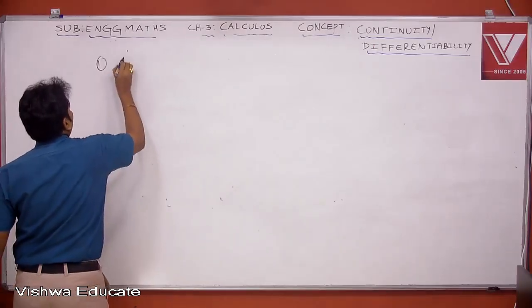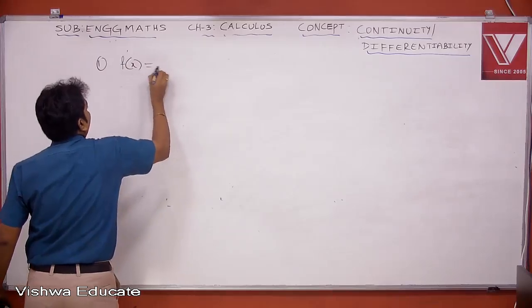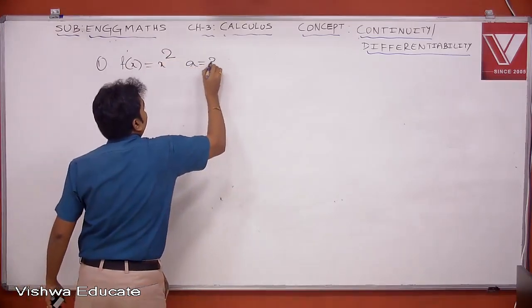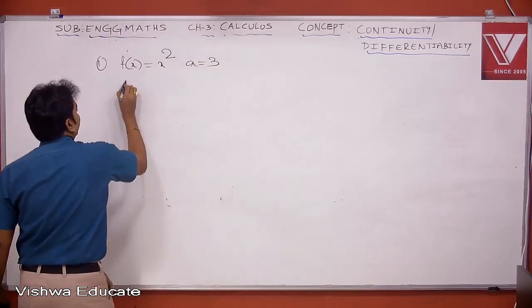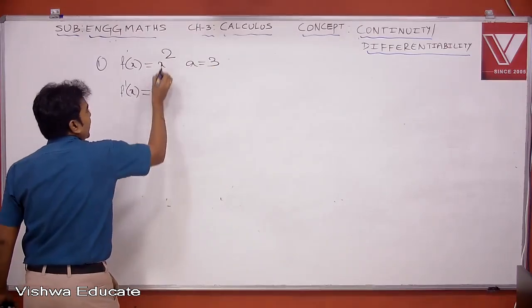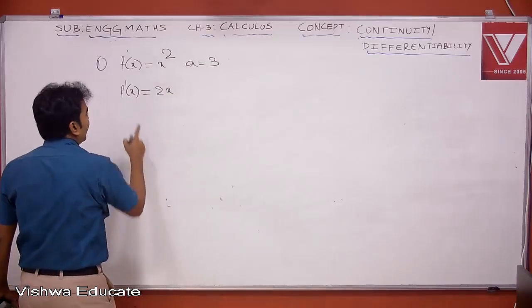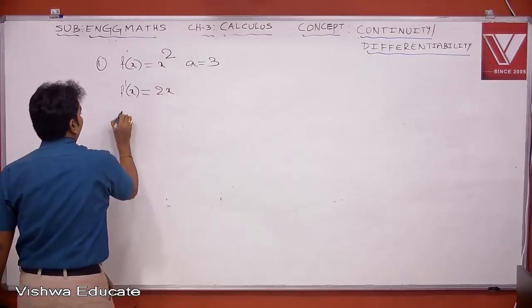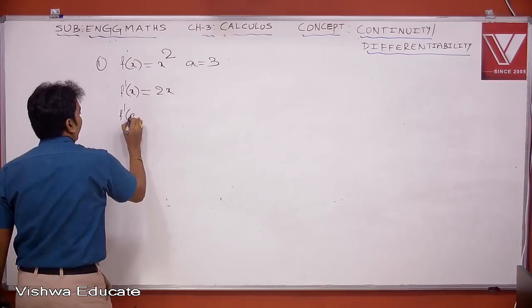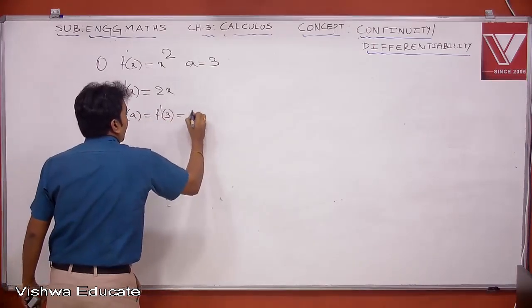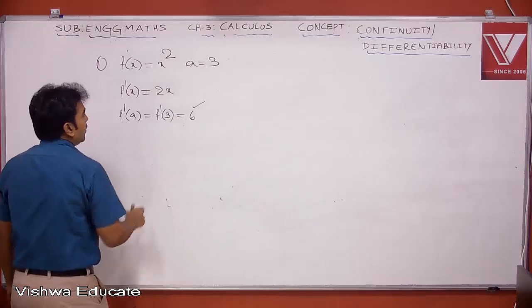First one is f of x equal to, basic example, x square plus 1. Let us take a value 3. Now here what is f dash of x? Derivative of this function. We can go for direct derivative. This is 2x. Now replace x by a. So here f dash of a equal to f dash of 3 equal to 6. Now this is a finite number.